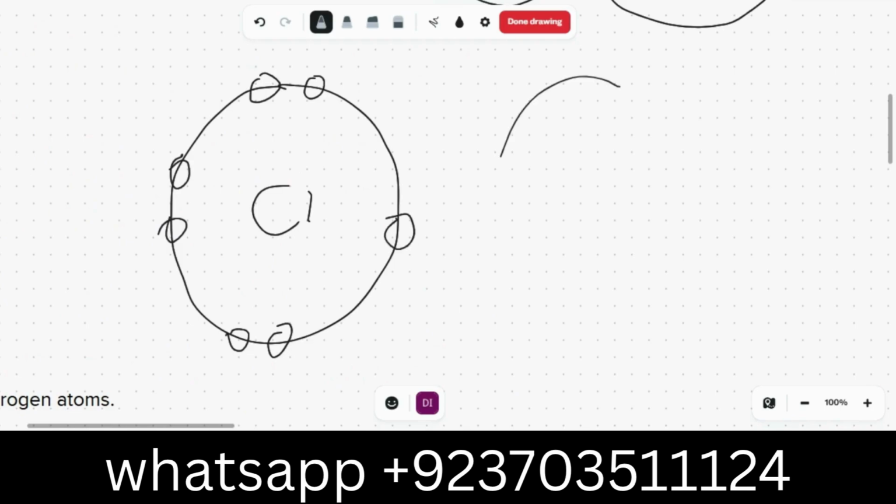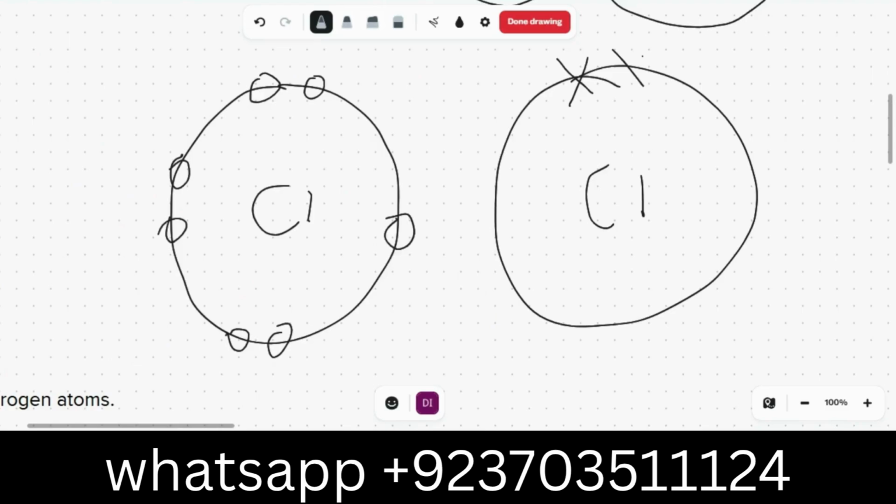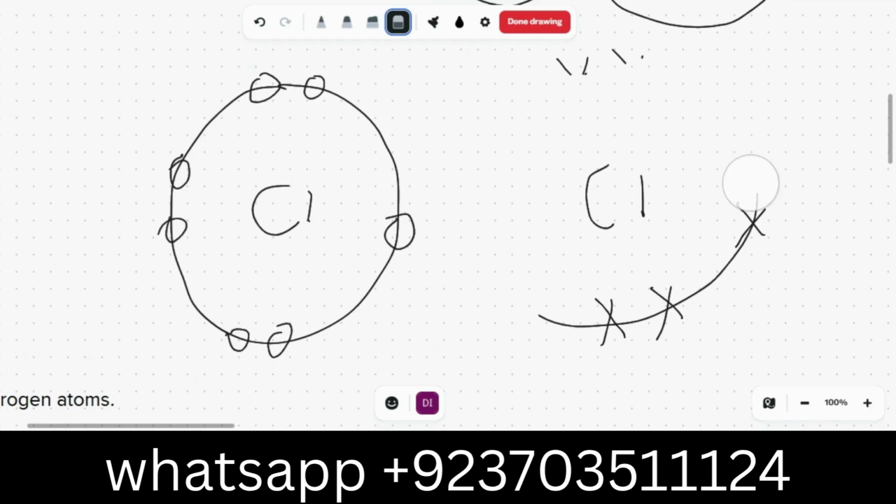And another chlorine also has one, two, three, four, five, six, and seven electrons. Both of them have seven electrons in their valence shell, but we need eight electrons to make it stable. So what will we do? In a covalent bond, this chlorine will go near the next chlorine.